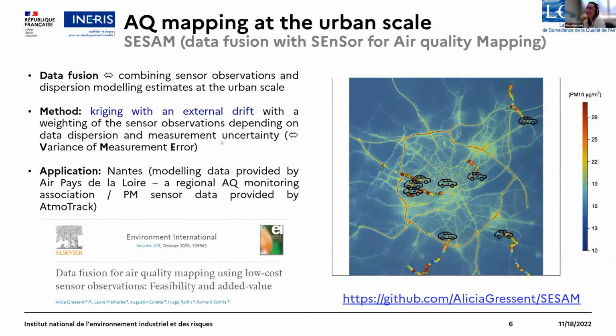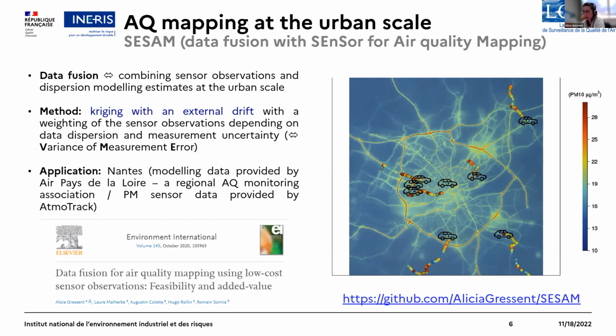The CSAM tool is based on kriging with an external drift, with a weighting of the sensor observations depending on two different parameters. The first one is the data dispersion at each measurement location and the second is the measurement uncertainty. We use these two pieces of information to define the variance of measurement error, which is then used in the kriging procedure.